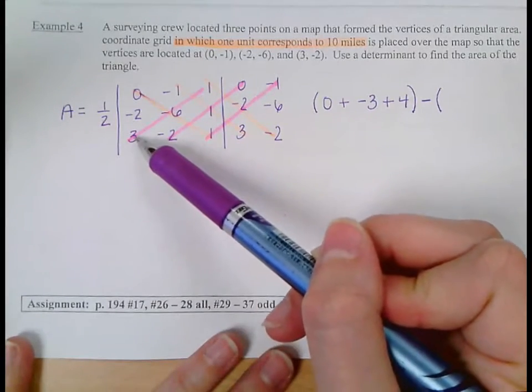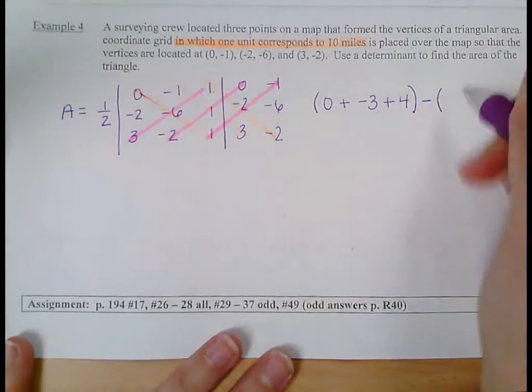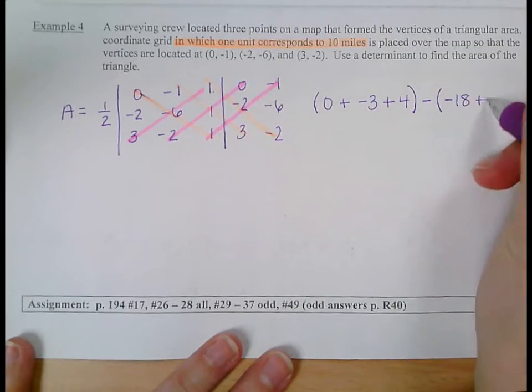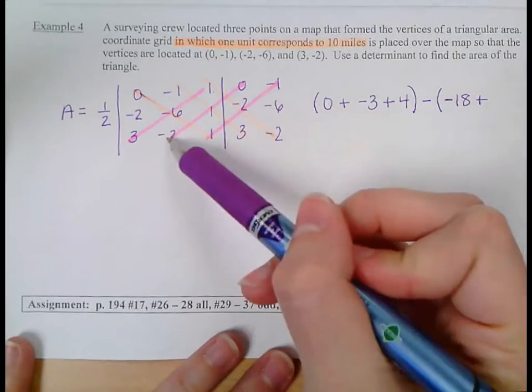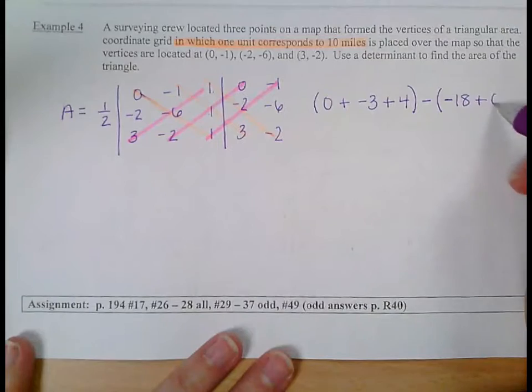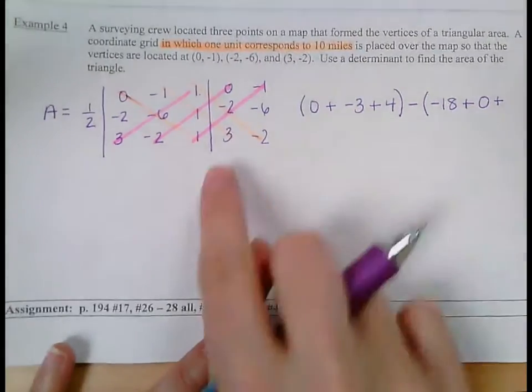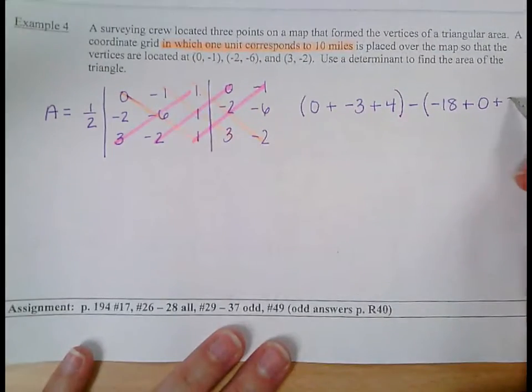And that first one will be 3 times -6 times 1 is -18. Plus the second one, -2 times 1 times 0 is just 0. Plus the third, 1 times -2 times -1 is +2.